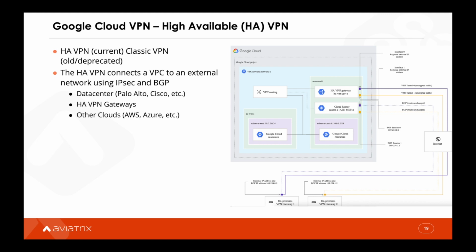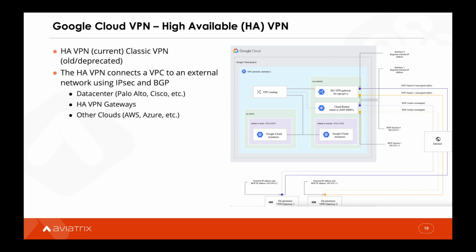They used to have something called the classic VPN, which is deprecated now. And now the only option available is called HA VPN or highly available VPN. This allows you to connect your external firewalls and routers using IPsec back to GCP. And once you have this IPsec established, you can also run BGP on top of it so you can exchange routes dynamically.